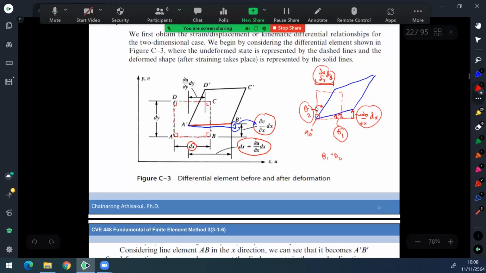It means that the original angle, I will define alpha 1 as 90 degrees. This is the original one. After it changes to this, it changes to alpha 2, right?